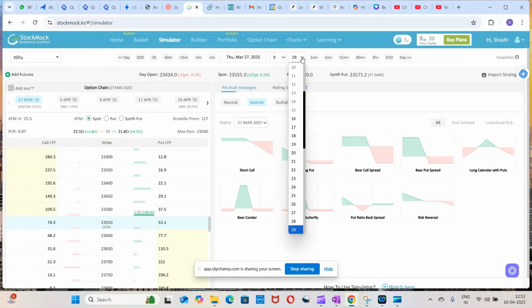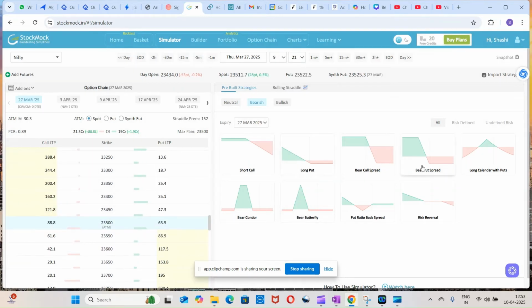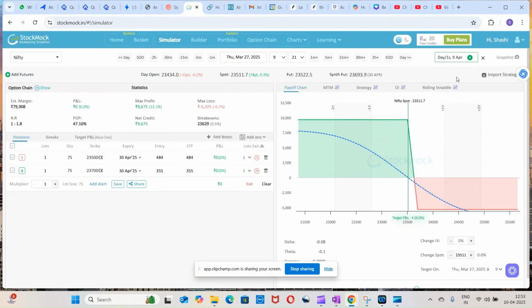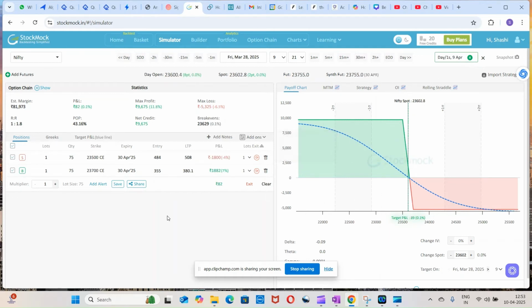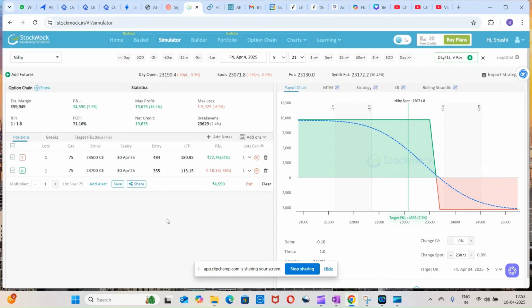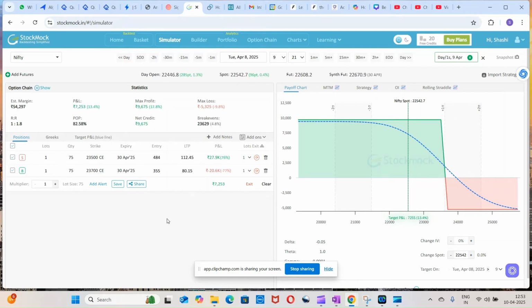March 27th, 9:21. Then we take April 30th, take the bear call spread, and run it. This was profitable from day one itself, and it's profitable at the end, till April 9th also.